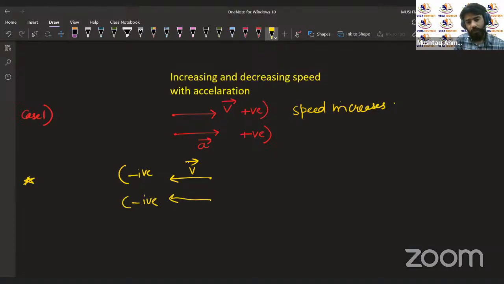Correct? So once again, since acceleration and velocity are both directed along the negative direction, they are still parallel to each other, along the same direction.